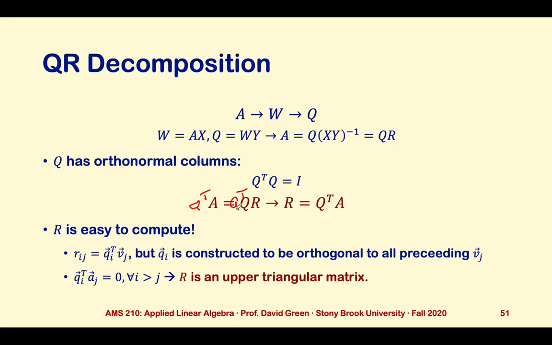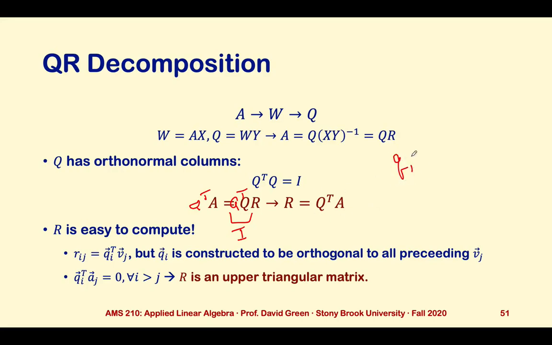When we do that, Q transpose Q becomes the identity, and we're left with R by itself. And on the other side, Q transpose A. This means R is really easy to compute. Once we have found our orthonormal basis, we simply take its transpose, multiply it by A, and we will have our answer for R.